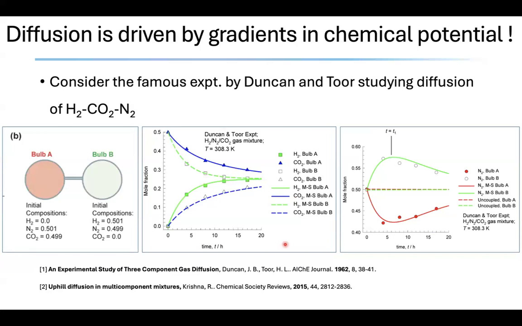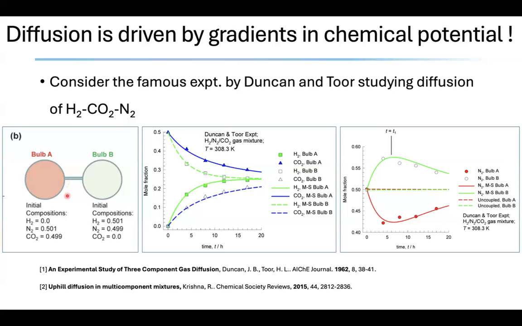The answer to this question is that diffusion is actually driven by gradients in chemical potential. To demonstrate this, consider the very famous experiment by Duncan and Toor, who studied the diffusion of a ternary mixture consisting of hydrogen, carbon dioxide, and nitrogen in the year 1962.